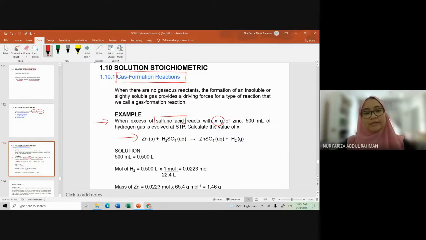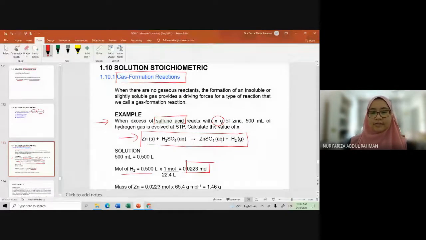Boleh nampak lah dekat sini. So we have to find the mole. What we need is the mole, because the mole is the one that can relate the reactant and product in the balanced equation. Okay, all right. So please bear in mind that limiting reactant can also be asked involving solution.